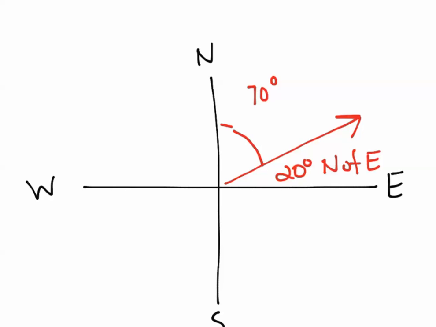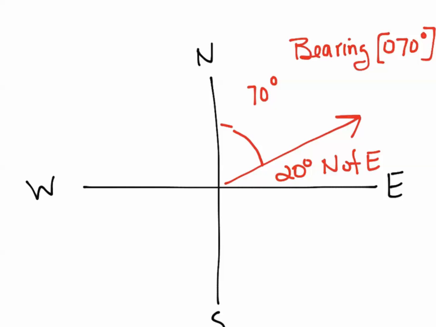That's from the north moving to 70 degrees in the clockwise direction. So the bearing measure is 70 degrees, and sometimes that's written as 070 degrees, or just a bearing of 70 degrees.